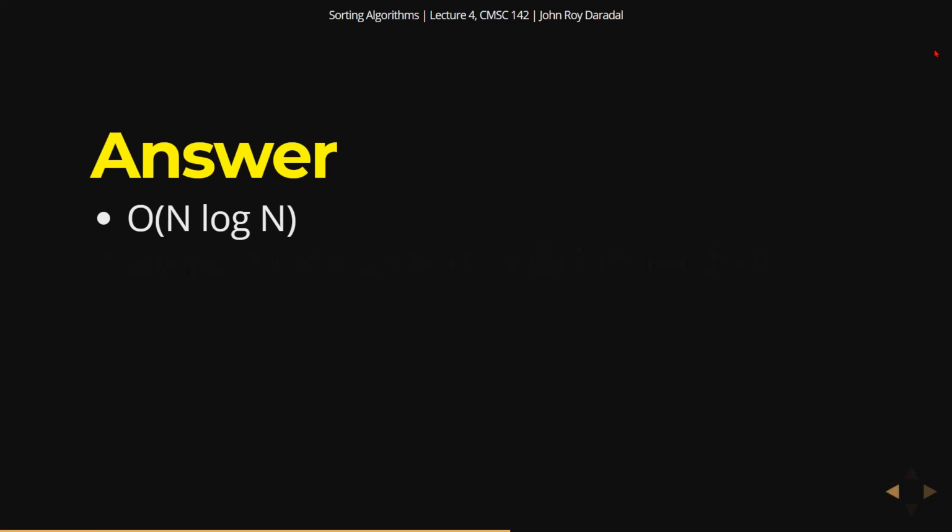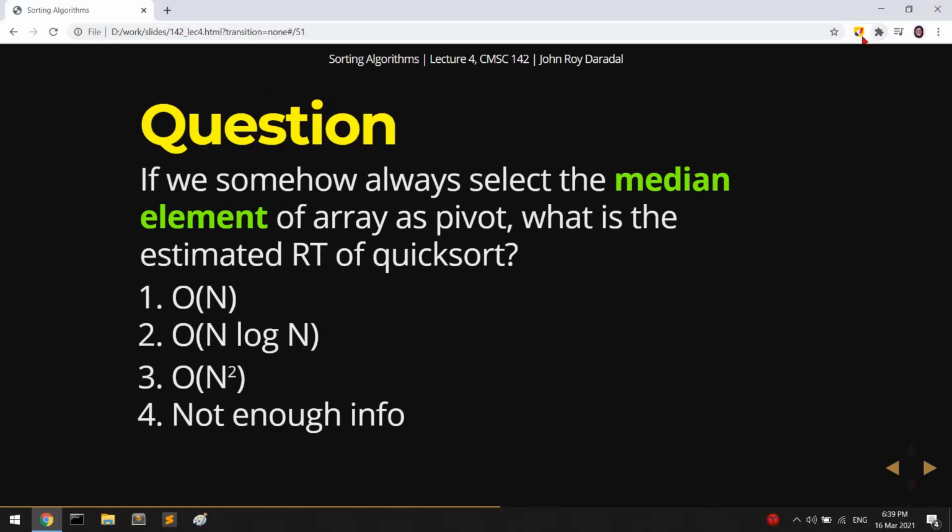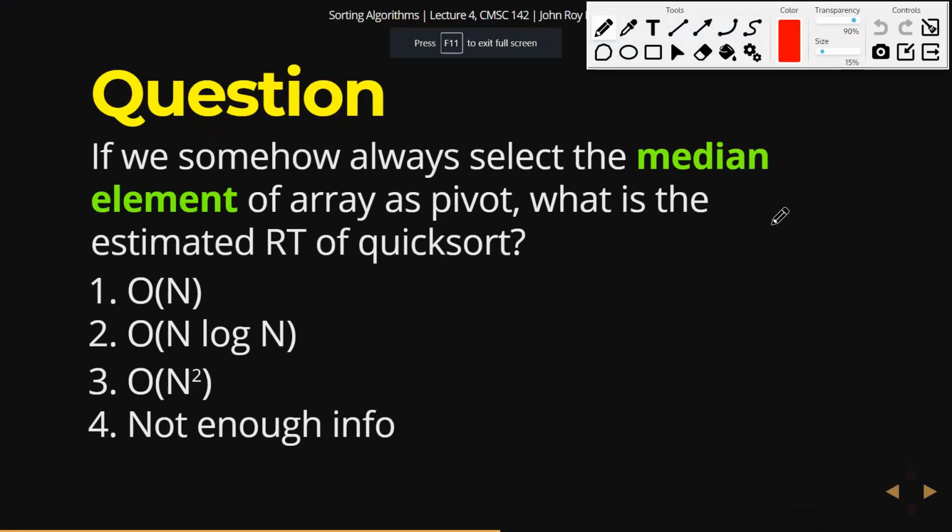Because if it's always the median, even if the array is not sorted, let's say 4, 3, 7, 8, 1, 6, 5, 2. Let's add 9 to make it easier.